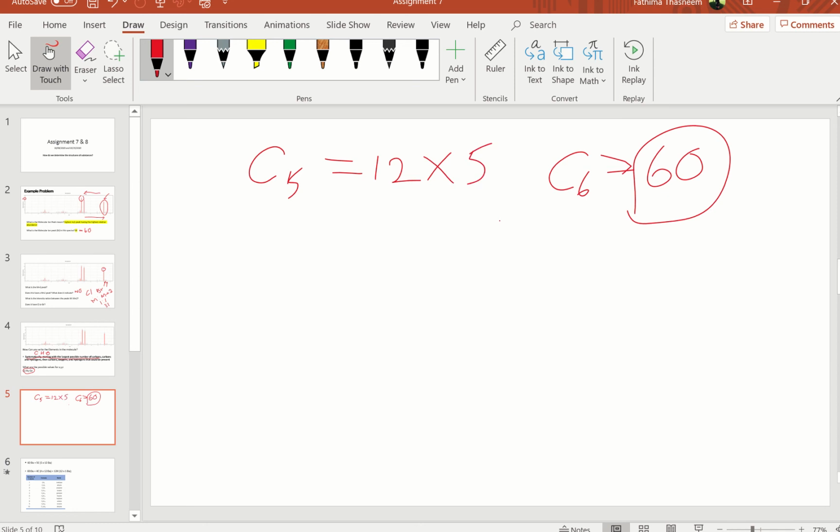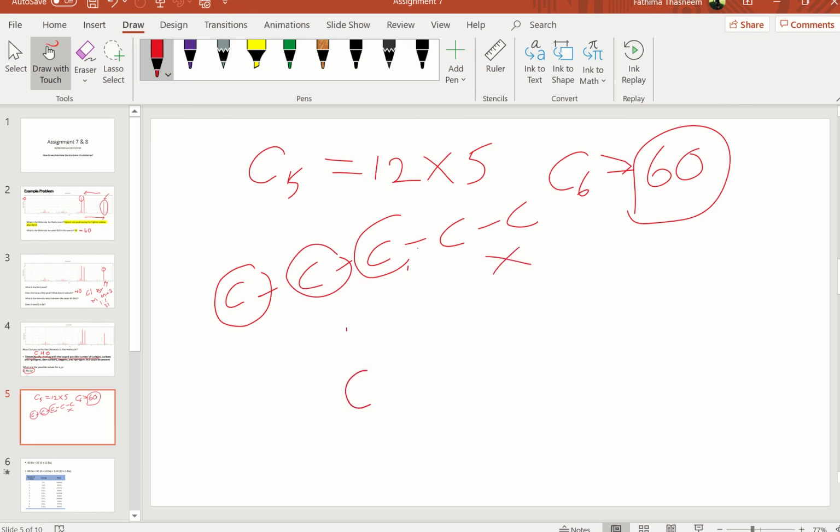But the next problem is, can we draw a structure with just 5 carbon atoms? Will that satisfy all the bonding patterns? If I just draw this, does it satisfy the carbon's bonding pattern? What is the number of bonds a carbon should have? It should have 4. So this carbon only has 1, and these carbons have 2 bonds around them, so it is not a probable structure.